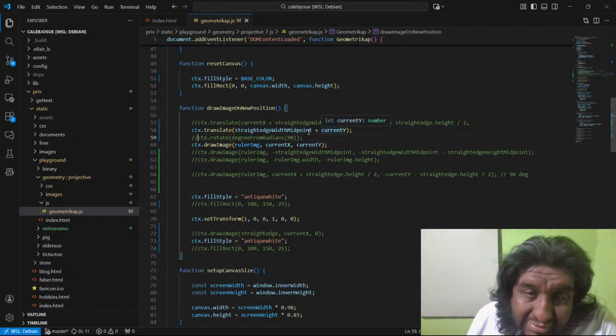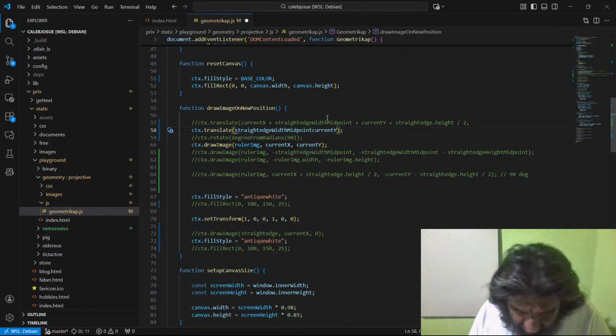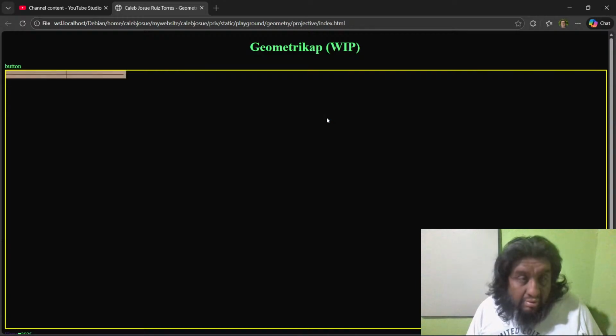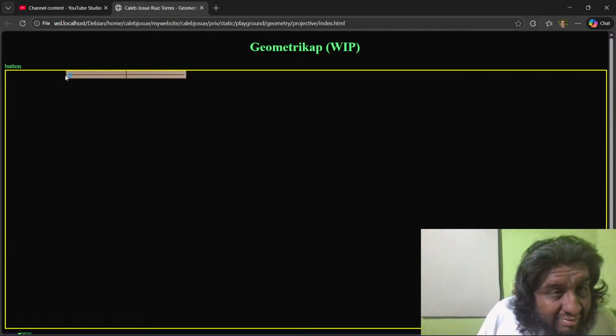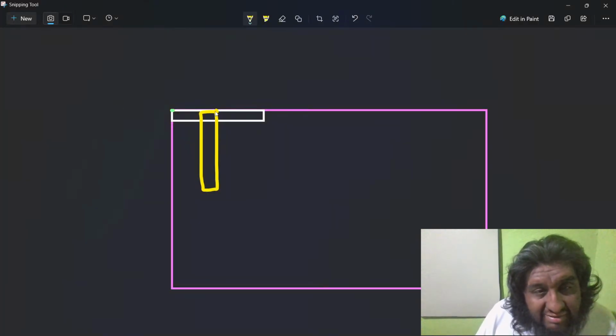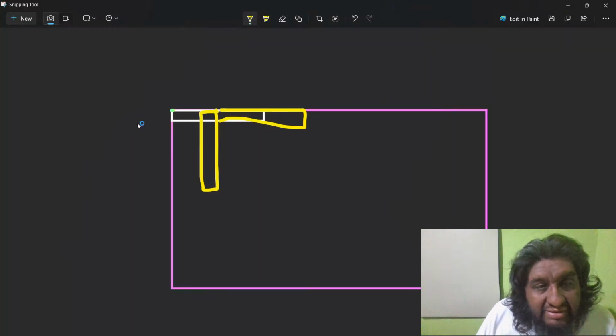Look at this. Still, this is great. You see, now we have translated to the midpoint, which is here. And the straight edge went like this. You see, here's the space. Here's the blank space.